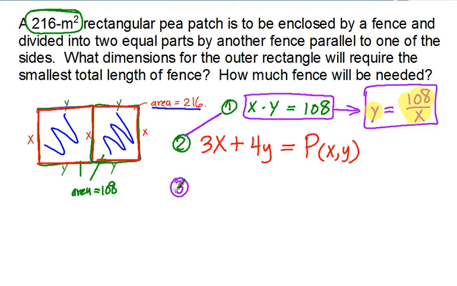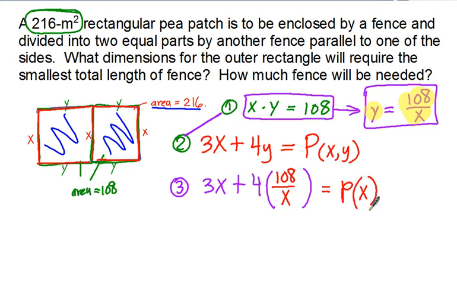So step 3, I'll rewrite this formula as a formula about the variable x. We'll take y out, and in its place, we'll write 108 divided by x. And now we have that the perimeter is a function of just the variable x. Much better.